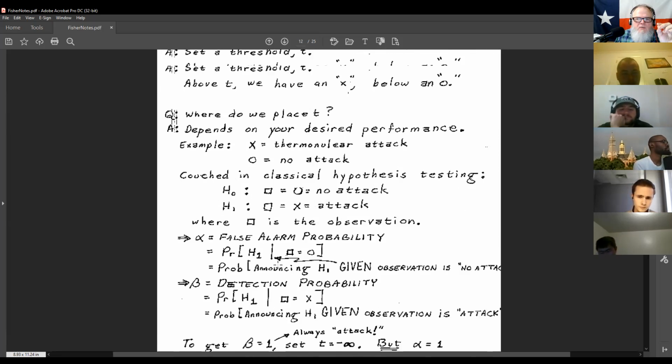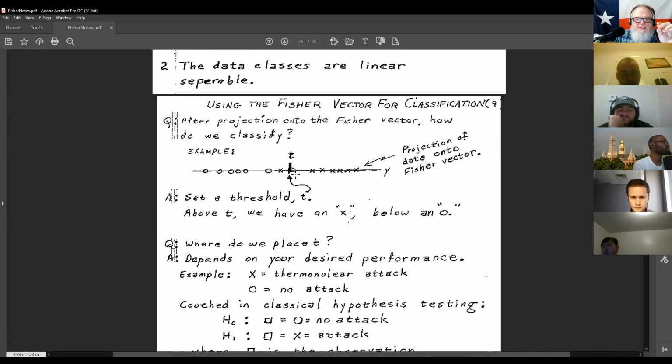Now, what do you think happens as this threshold increases? What happens to the detection probability as this increases? Can you see my cursor? As this threshold increases, we're going to have more and more false alarms, aren't we?